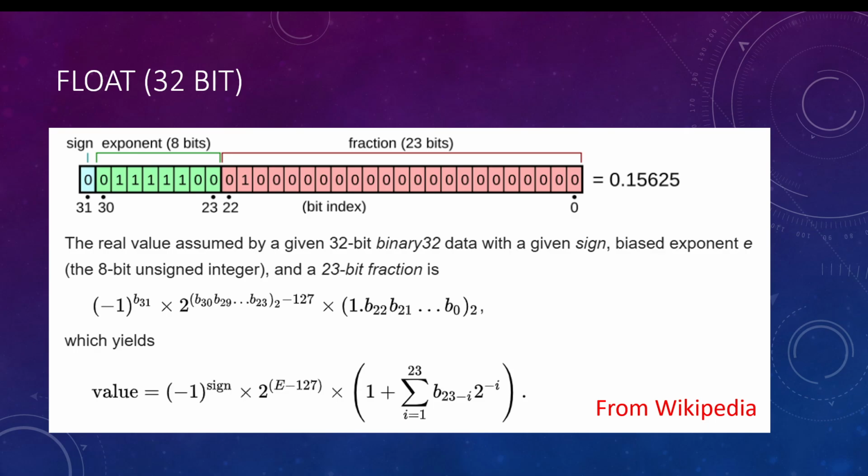So 8 bits is 255 max, right? Whatever this number is, you subtract 127 so that the exponent can vary between 2 to the negative 127 to 2 to the positive 128. Okay, so those are the exponents that this could be.